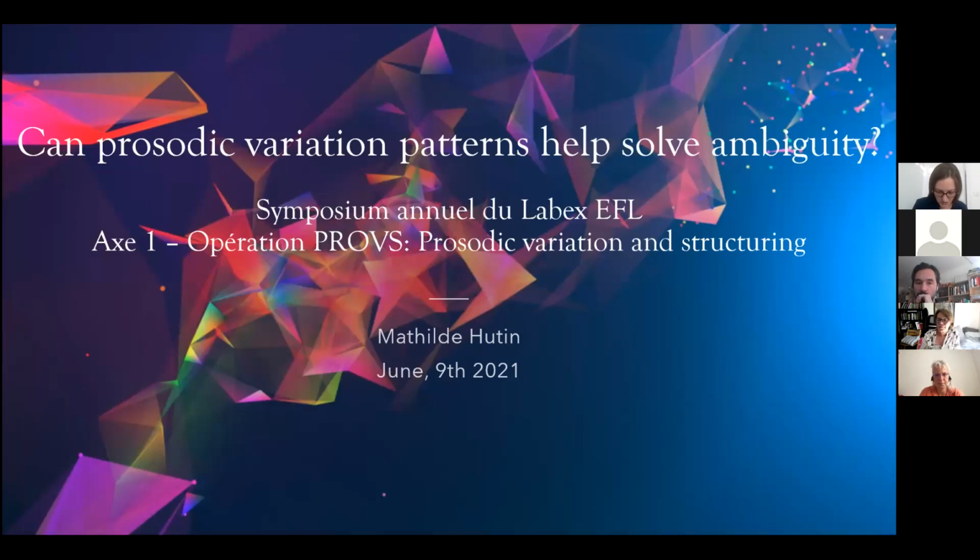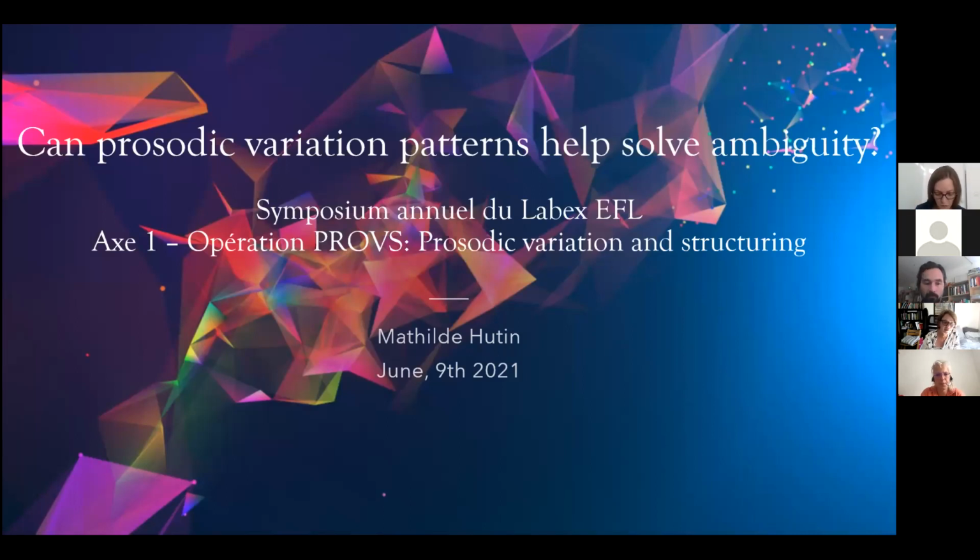Great. Okay, so today's final presentation comes from the operation PROVS, prosodic variation and structuring. And I'm going to present a study which explores the role of phonetic variation at the segmental and suprasegmental levels in disambiguating linguistic information at higher levels of structure.